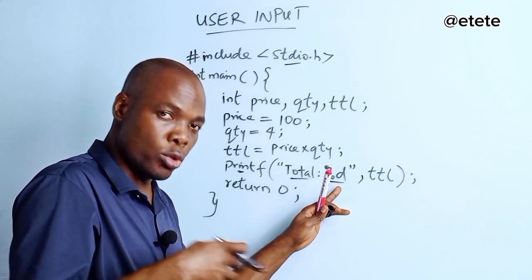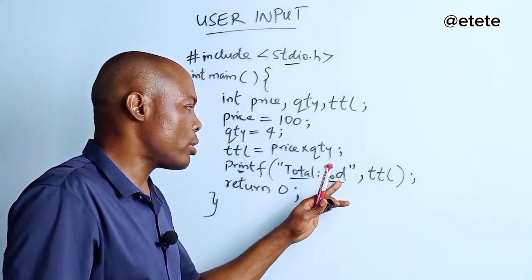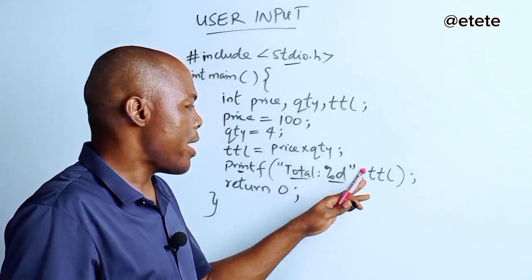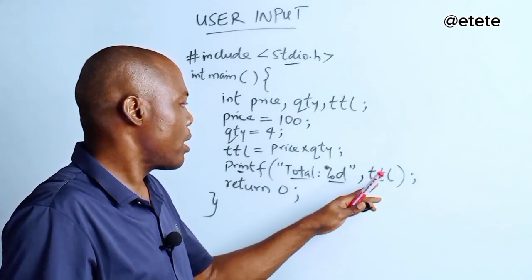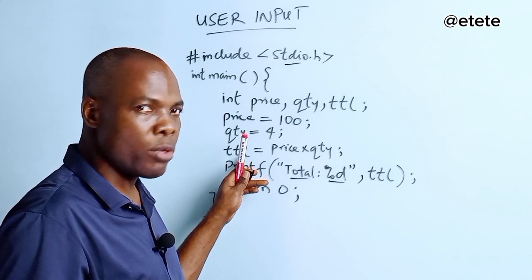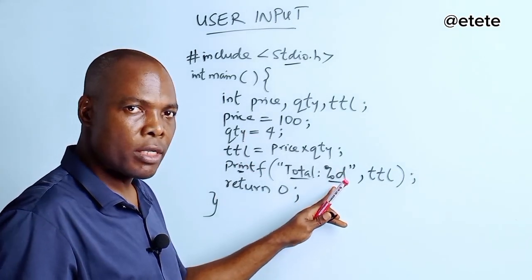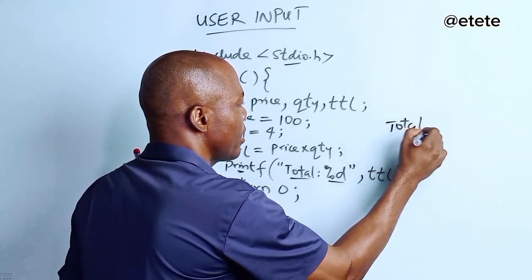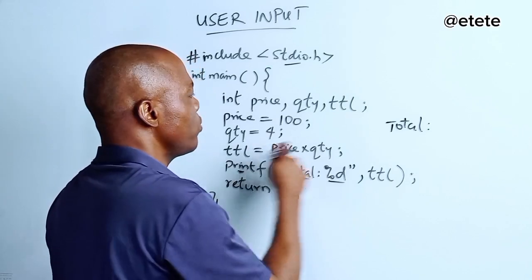I'm still going to explain this to you when I get to that class. But this place is a placeholder, I told you before, expecting what? An integer. So the total, which is the value that will be gotten here, will be placed in this place. So this one will give us total, right? And then it will give us the value, which is what?